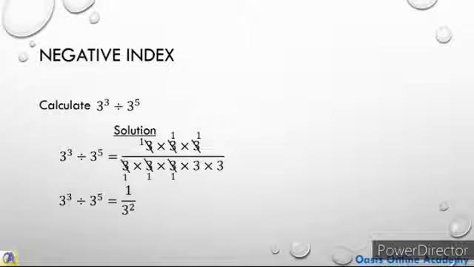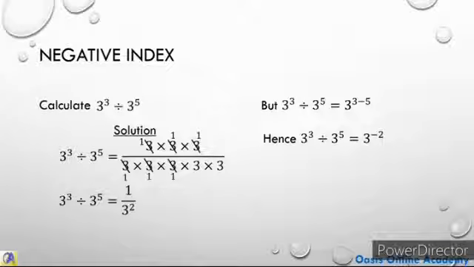But the other way around is to solve it using the subtraction of powers. That's the law of indices. If we do that, then 3 to the power 3 divided by 3 to the power 5 is equal to 3 to the power 3 minus 5, which will give us 3 to the power negative 2. So again, we have two different answers for the same question, which means that those two answers should be the same.